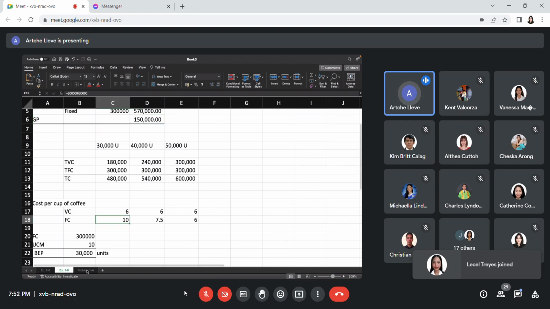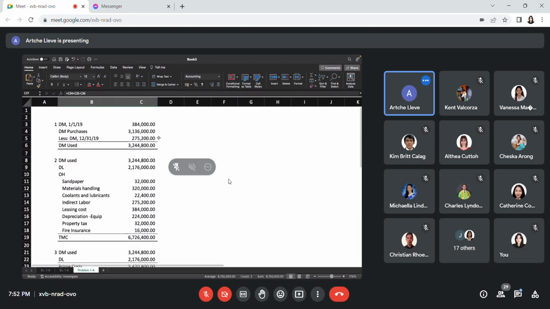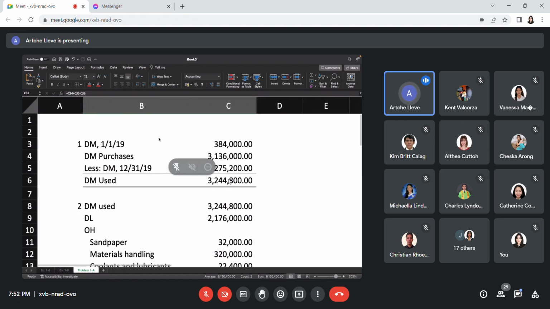Okay, problem 1-A. The first question here is direct materials used. The formula here is direct materials beginning plus direct materials purchases less direct materials ending. You could also have T accounts for better understanding. What I have here is the solution already.